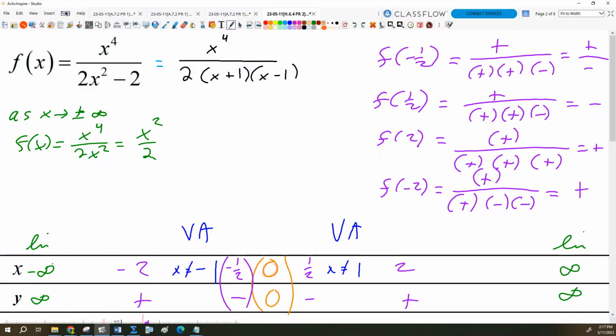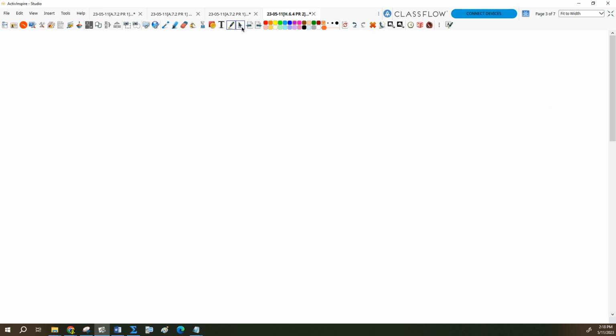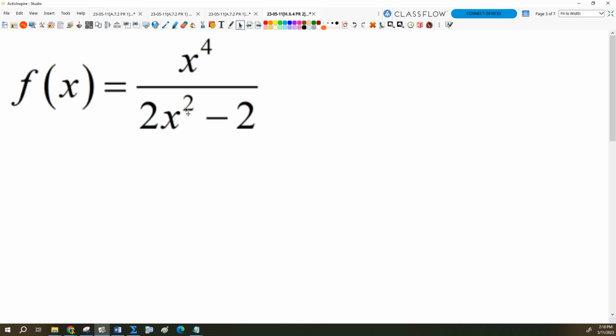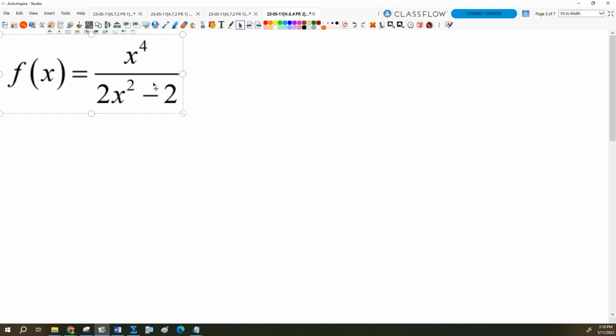Do you guys remember the tests for symmetry? We talked about symmetry a little bit earlier in the year. It doesn't come up a lot in algebra 2. Remember we had even symmetry and odd symmetry?